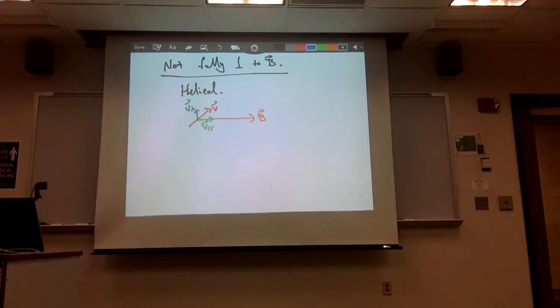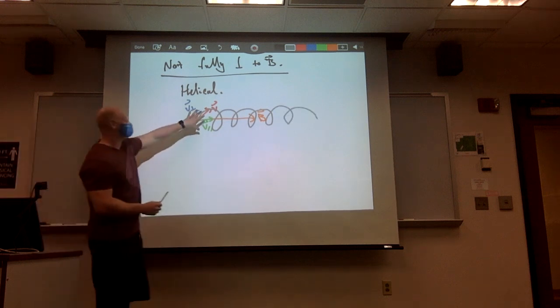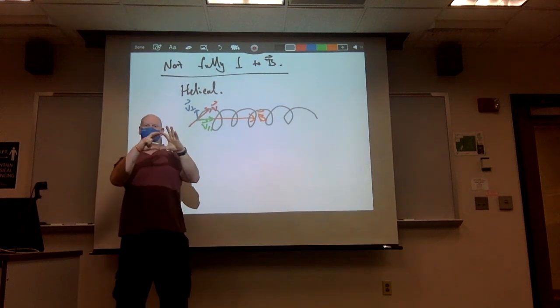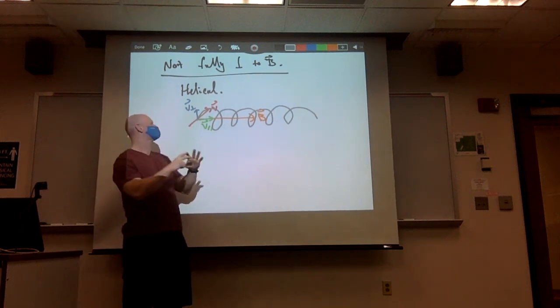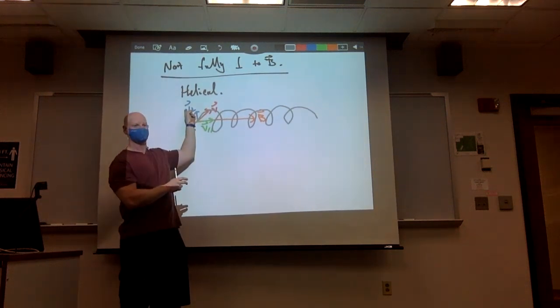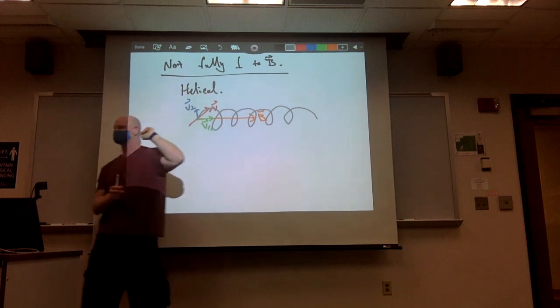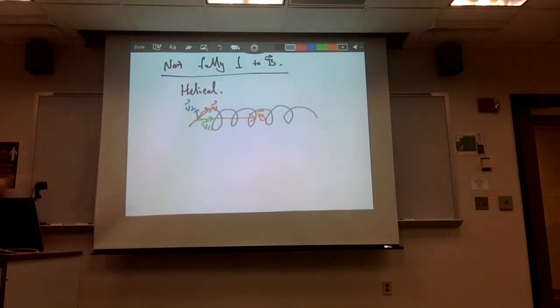So this charged particle would end up going like this. So it would actually create a helix. If I was looking down the direction of the magnetic field, it would be creating a circle with a fixed radius, where that radius would be determined by the perpendicular piece of the velocity. The parallel piece would just cause it to keep moving along the direction of the magnetic field.